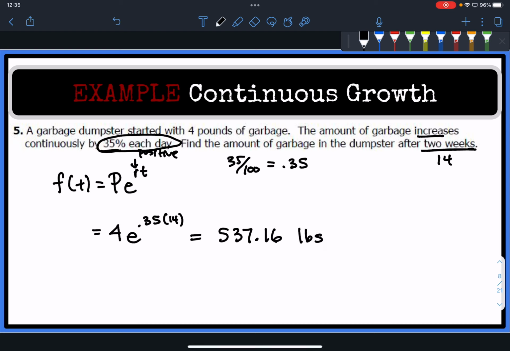So after 2 weeks, 14 days, that's how much garbage has been collected at this dumpster.